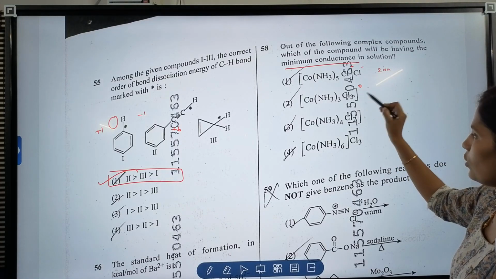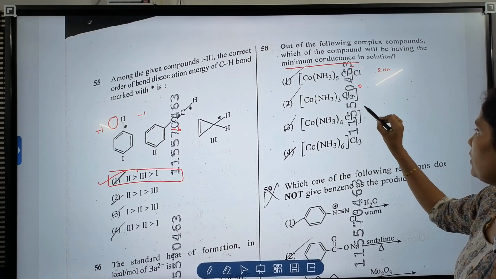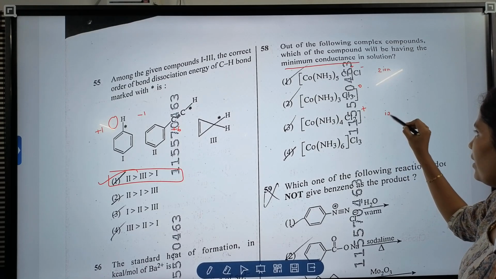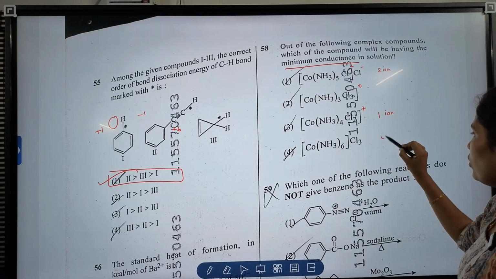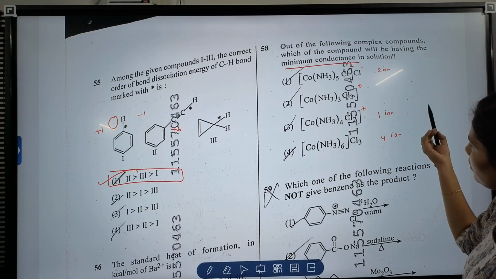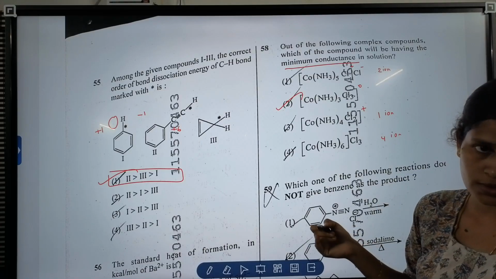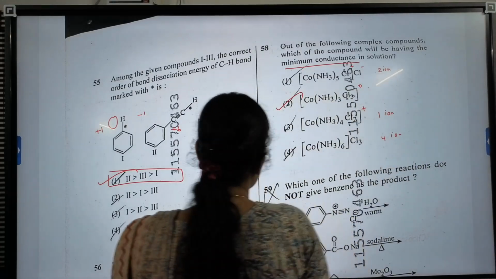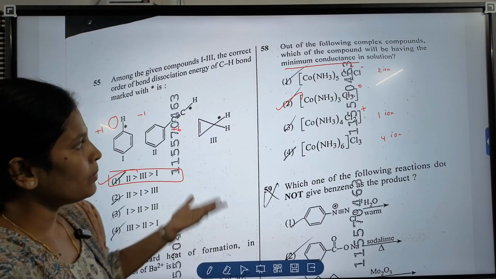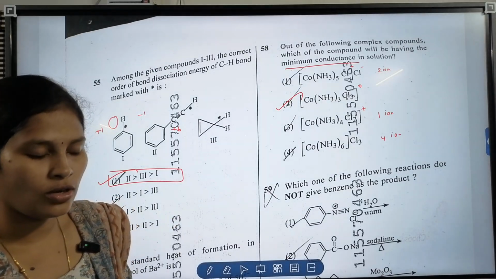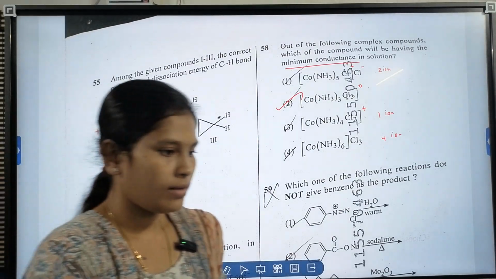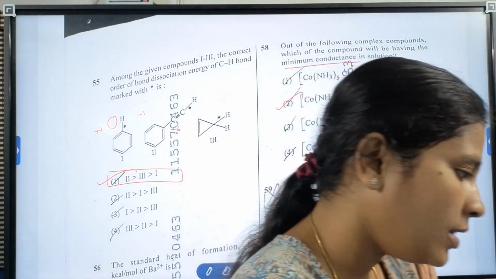Here it is 0, it's not an ion first of all. Here the charge is +1, so 1 ion is there. Here we know that 4 ions will be there. Where it will be minimum, second option. Where it will be maximum, fourth option, right? Where ions are present the conductance will be more, but in the second case the ions are not there. It's neutral, so the conductance will be the minimum.